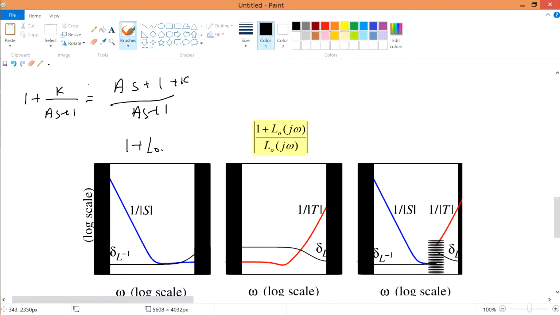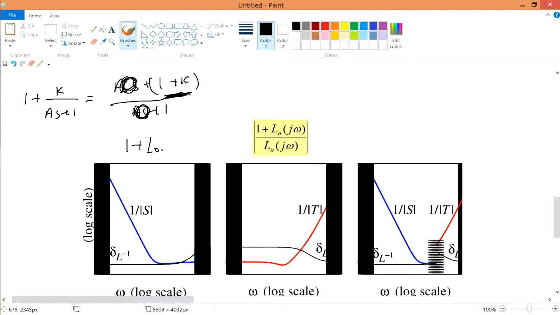If that's the case, if I were to expand, I multiply the whole thing by as plus 1. I change 1 to this one, which is still 1. And then I add them up together, I would have this form. Now, if the frequency is low, maybe 0 in this case, 0 plus 1, so you end up with 1 plus k over 1, so it's dependent on 1 plus k.